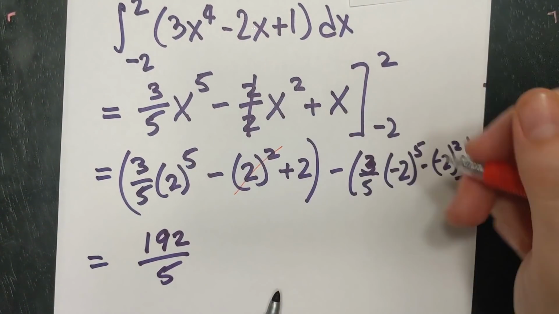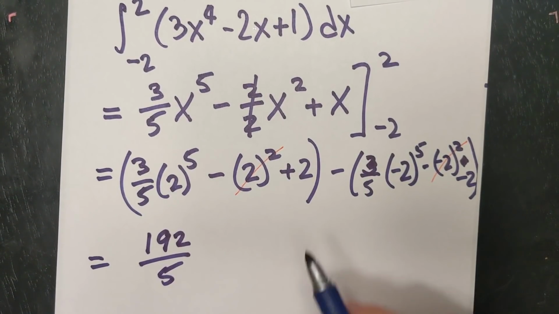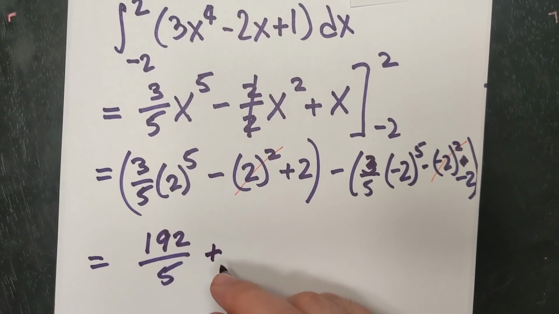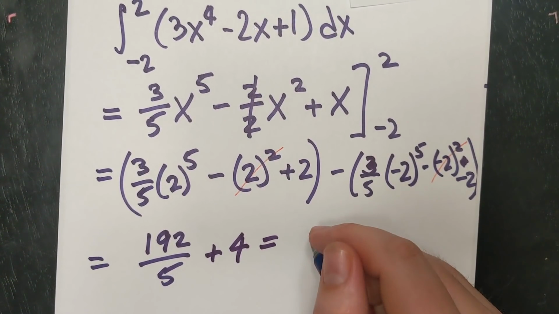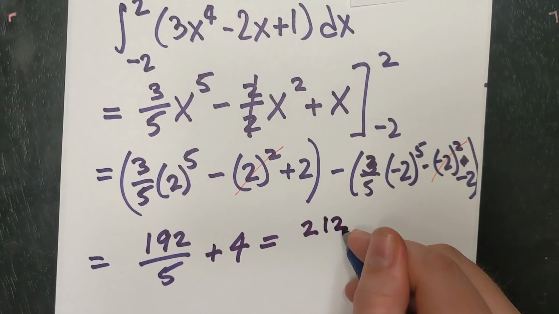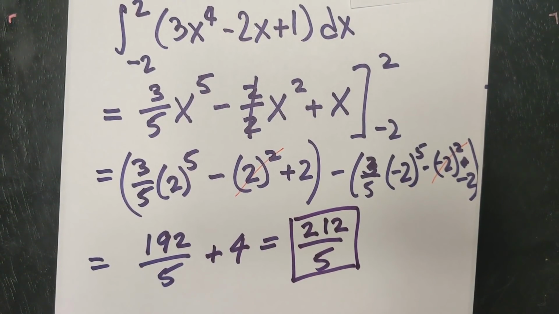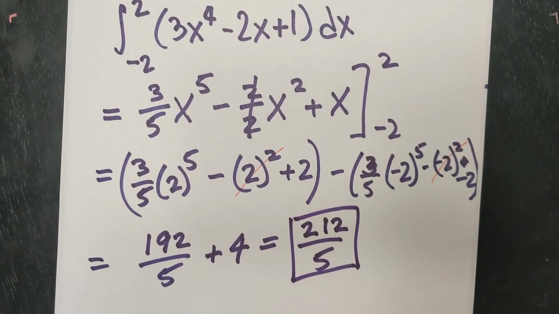So this guy cancels with this guy. And here you have 2 minus minus plus 2. So plus 4, which is another 25ths. So you end up with 212/5. Onward bound. Let's go to the next one.